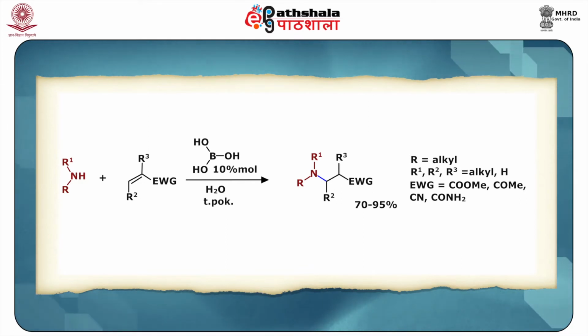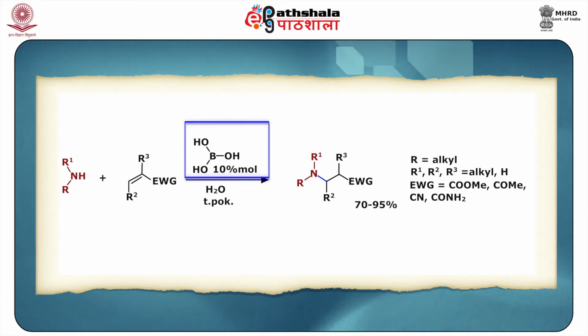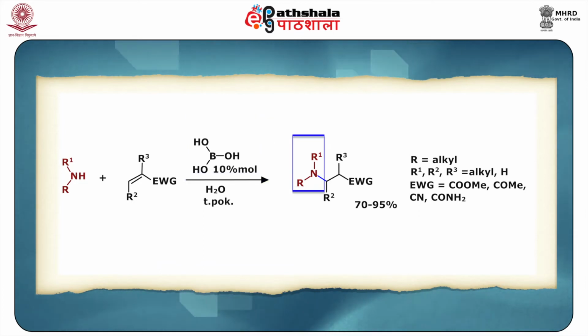As shown in this general equation, when you start with this amine, the NH part will be the one attacking, and here is the double bond joined to the electron withdrawing group which can act as the Michael acceptor, and in the presence of an appropriate basic medium, there is formation of this new C-N bond.